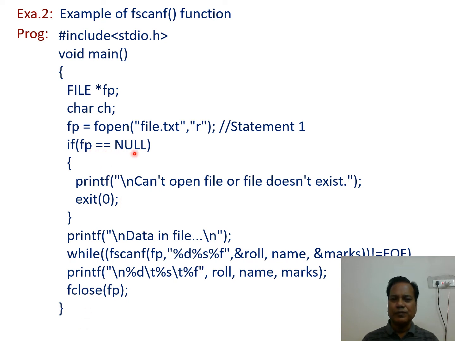If this condition is false, then control goes to the next statement, printf "data in file". This message is printed on the output screen, and while fscanf(fp, "%d %s and %f", &rollnumber, name, and &marks) not equal to end of the file.